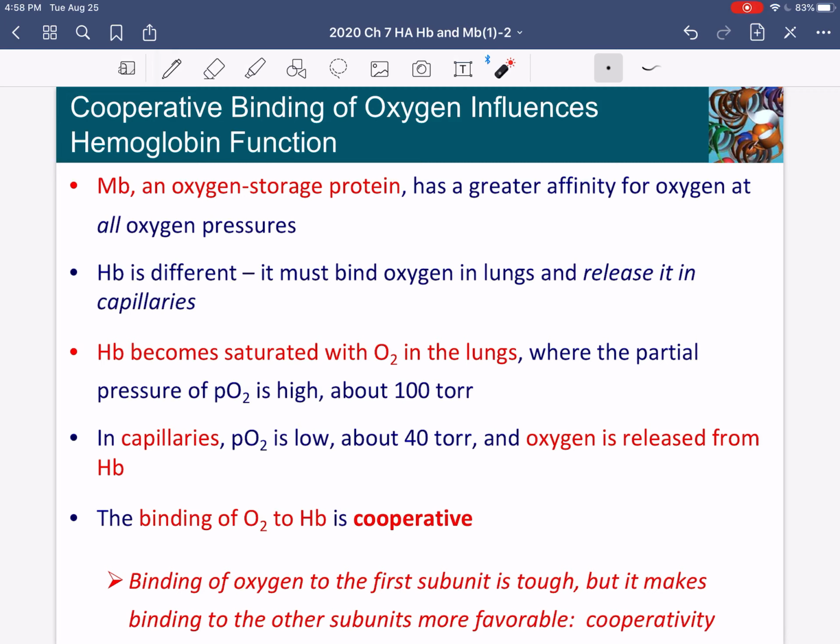And once one subunit binds to oxygen, that causes that minor conformational change at the heme that actually shoots out an elbow from that subunit to budge the neighboring subunit, which allows it to change conformation and bind to an oxygen and shoot out its elbow to the next neighbor, and the last one binds. So the binding of the first one is hard, but binding of the next three is easy. Okay, that's cooperativity.